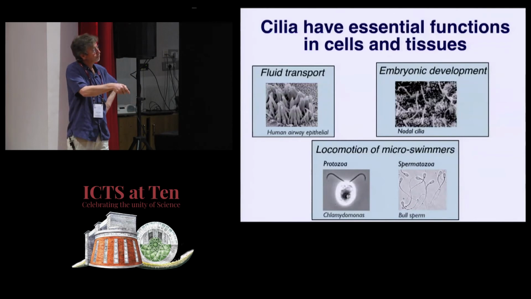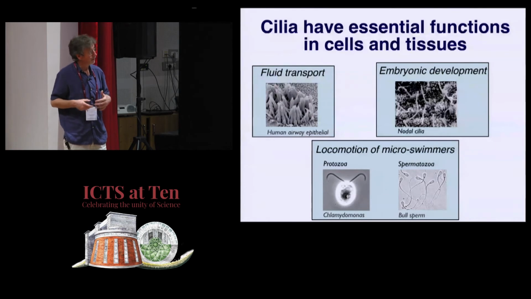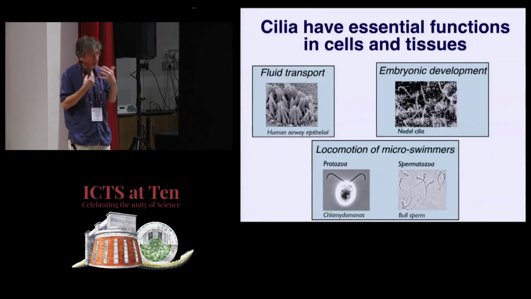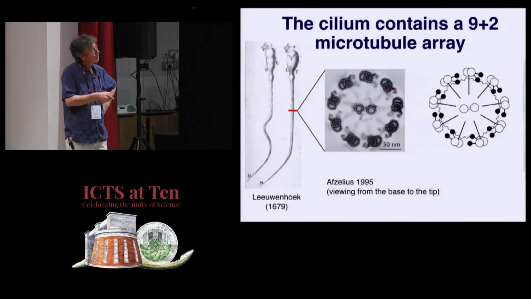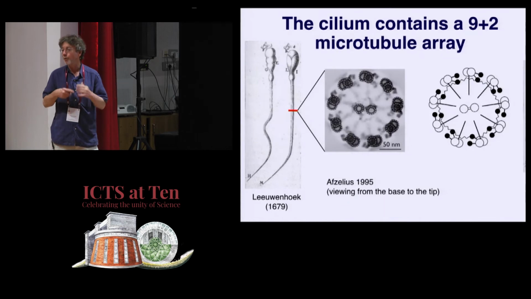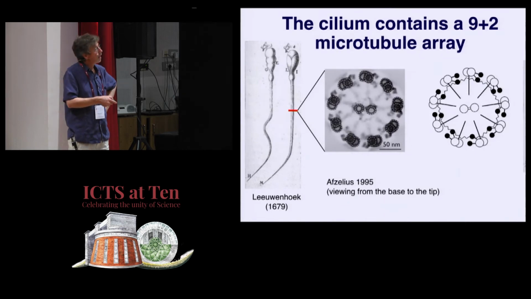So, cilia are found, for example, in these protozoa, but they also drive sperm motility, and they're also very important for moving fluid within the body, in the brain, in the lungs, and they're also very important in development. Now, these are some pictures of cilia from Leeuwenhoek. It was what he regarded as his greatest discovery.